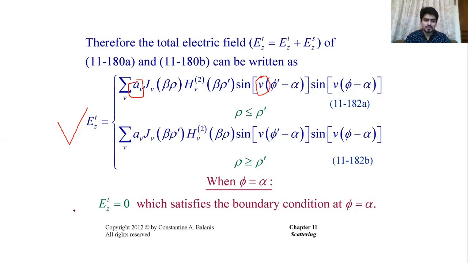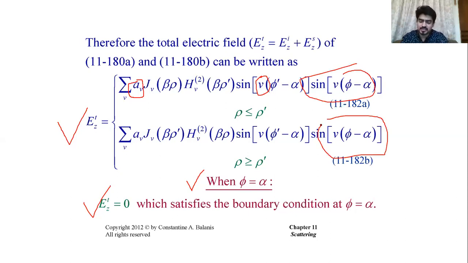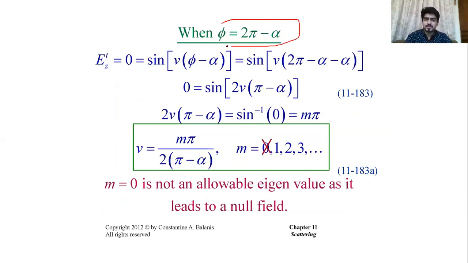For that, first we will apply the remaining boundary condition phi equals alpha. When we do that, your total E field should go to 0, and we know that it will, because this function is going to be 0 and this function is going to be 0. So you will not get any additional information out of that. However, when we look at the other surface, phi equals 2 pi minus alpha, we will be able to determine the expression for v, and these are the allowed values of m. m cannot be 0.